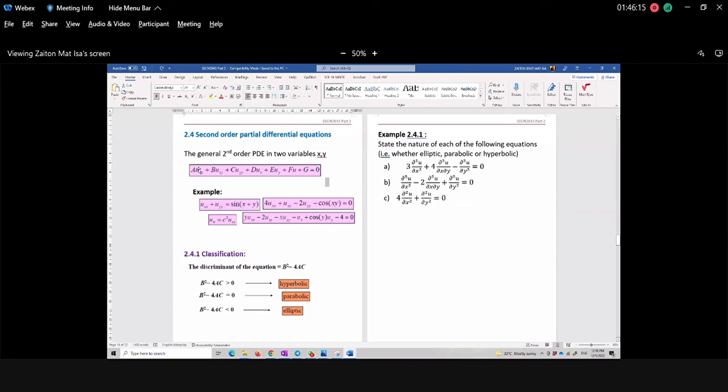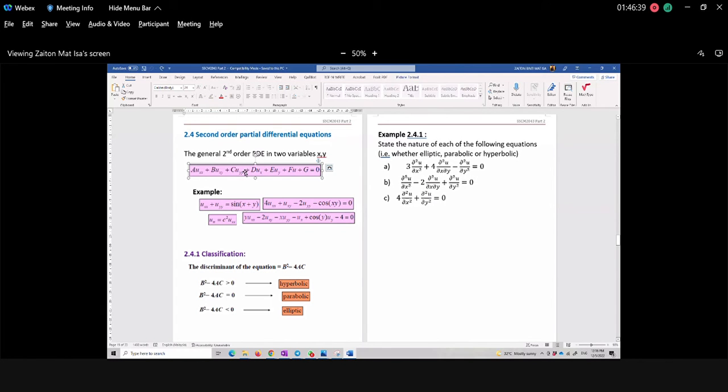Not necessarily constant coefficient. We can have non-constant coefficient. Macam ni, this is also second order, non-constant lah, the y. Yang ini constant coefficient, ini pun constant coefficient. Yang ini non-constant coefficient. Okay.